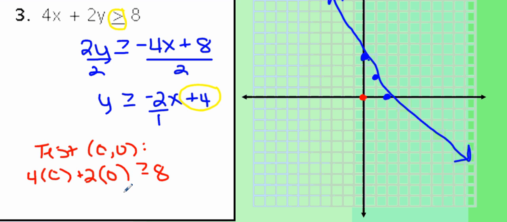That means on the entire left side of my inequality, I'm just going to get 0, which is greater than or equal to 8. This statement is false.